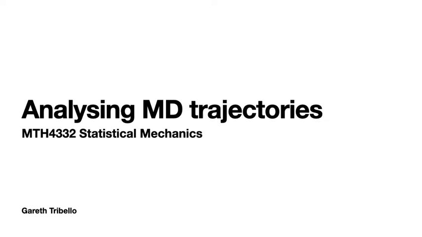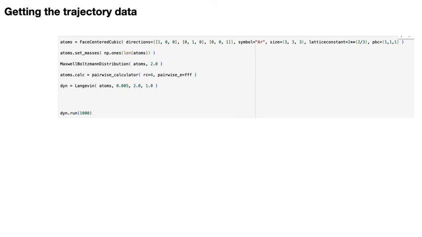Before we get on to extracting and analyzing trajectories, however, let's first briefly recap the process of setting up and running an MD simulation with ASE. Code for running MD with ASE is shown here. As I explained in my last video, the first line here generates initial positions for the atoms.